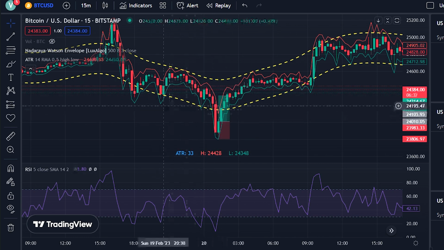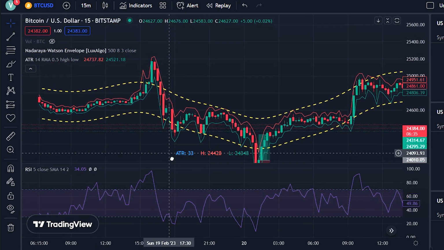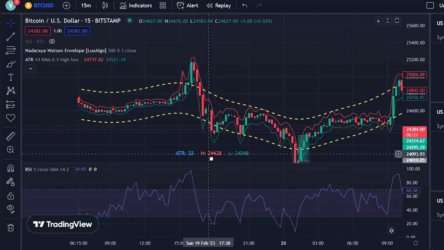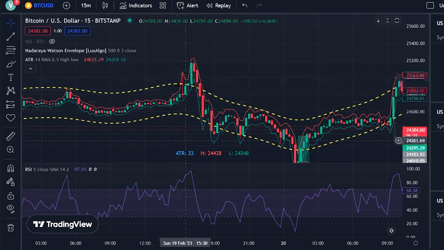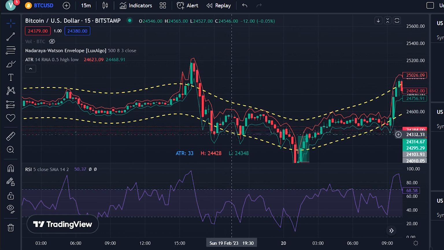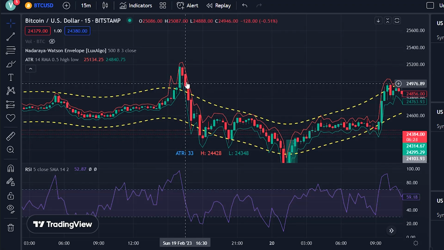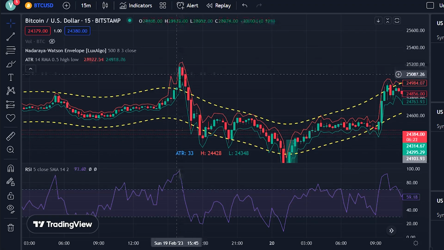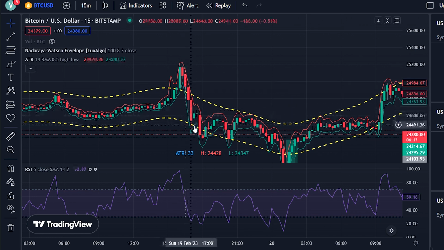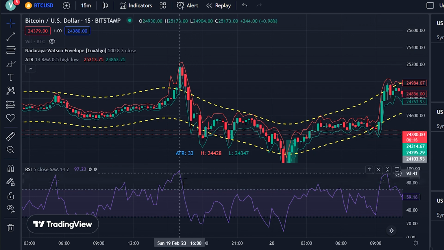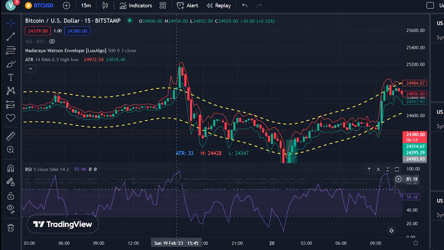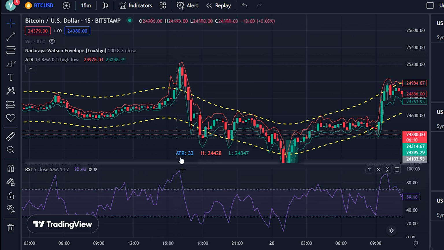Here we go. Here's a short example, and here's another short example, and here's a long example. See how accurate this thing is? It's ridiculous. For instance, in this one, the price action goes outside of this channel, you get a red bar to come back in, and the RSI is in overbought territory, above the 70 line over here.